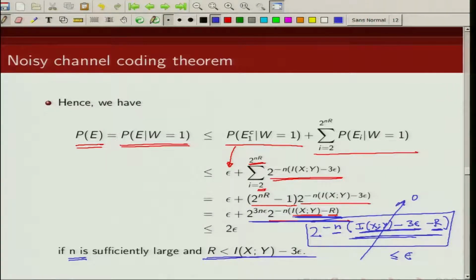So what we have shown here is that the probability of error, that is the probability of making a decoding error, is less than 2 times epsilon, provided our transmission rate is below this mutual information between X and Y minus 3 epsilon, and provided this length n is very large, as n goes to infinity.